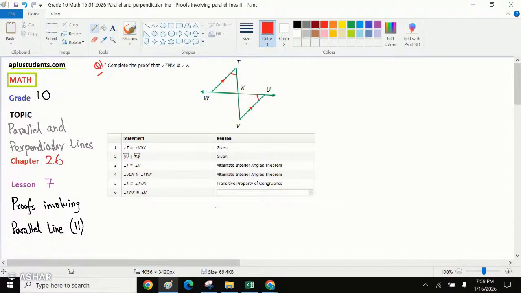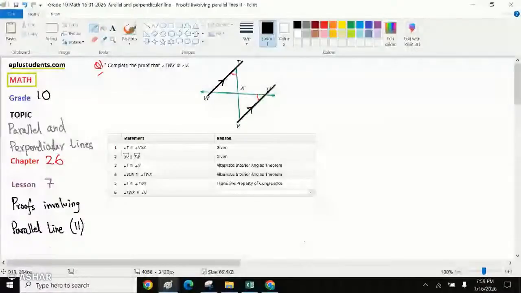They're saying that the angle T, we have lines over here. We can always extend the lines. Two are parallel lines that are given to us.